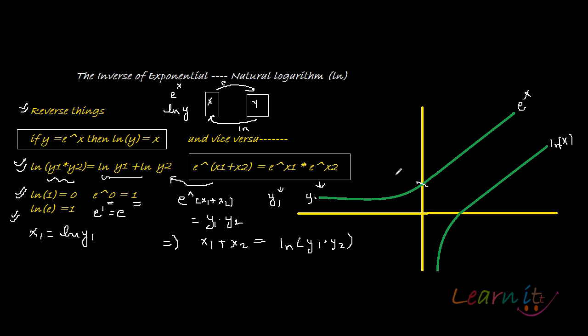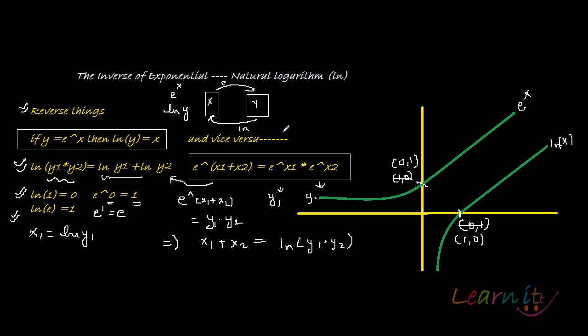If ex cuts the y-axis at 0, 1, that would mean that ln x is cutting the x-axis at 1. Oh, sorry, my mistake. I have written it opposite. I am saying opposite and writing opposite. So, this will become 1, 0 here and 0, 1 here. And this will be an absolute mirror image.